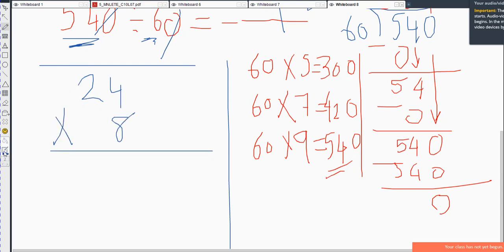And then 4 multiplied by 8 equal 32. 2 and carry 3. 2 multiplied by 8 equal 16 and 3 equal 19. So the answer is 192.